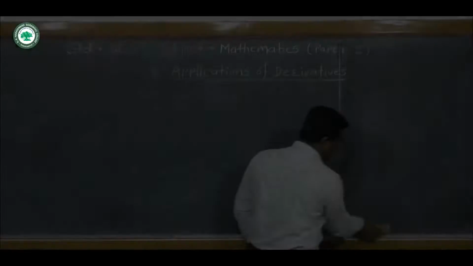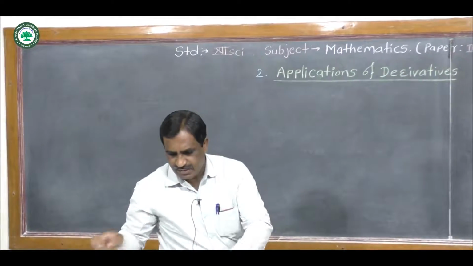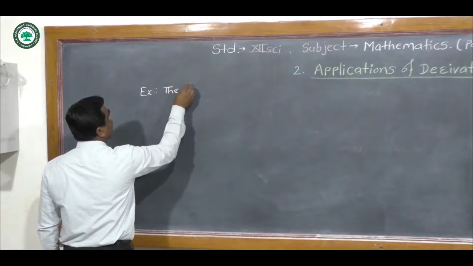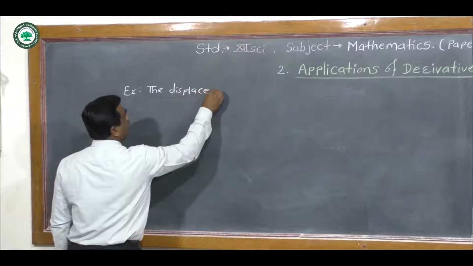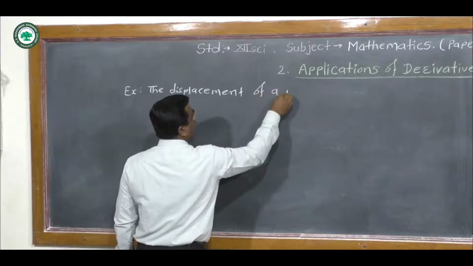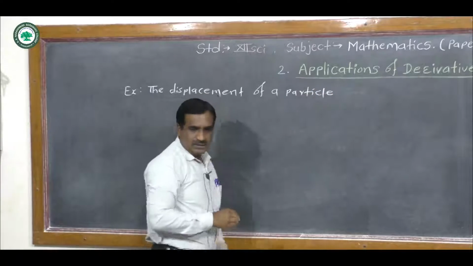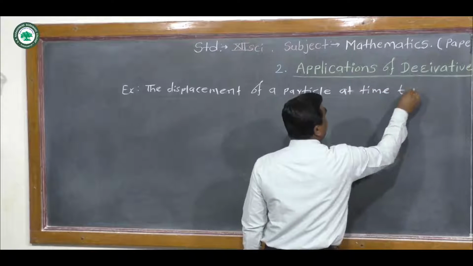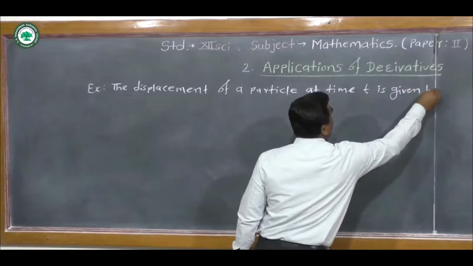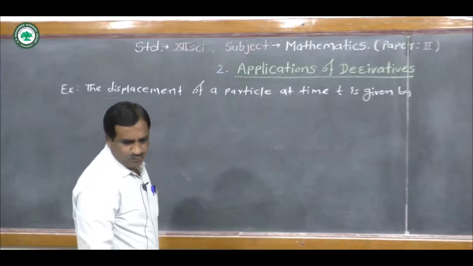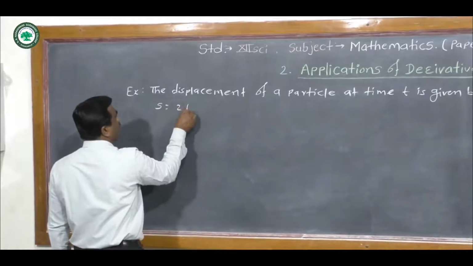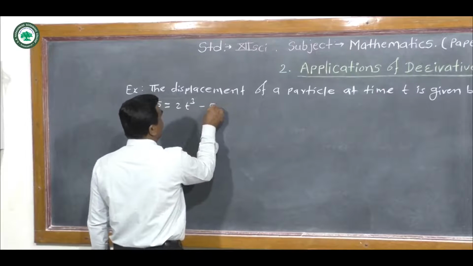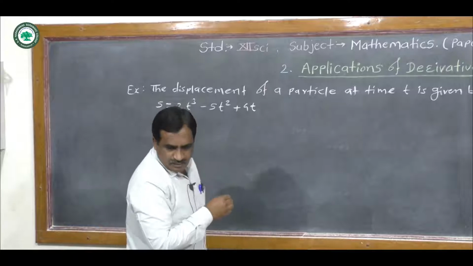First example. The displacement of a particle at time t is given by s equal to 2 into t cube minus 5t square plus 4t minus 3.